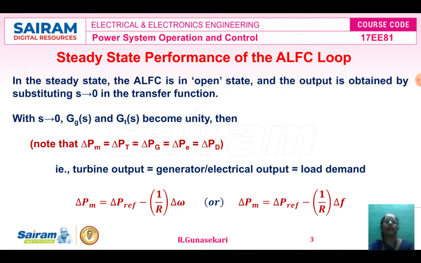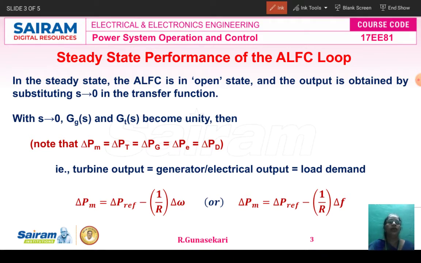Now we study the steady state performance of the ALFC loop. Steady state means the subscript 0, that is, instead of S we substitute 0. The 0 only represents the steady state. That means the ALFC loop is in the open state.